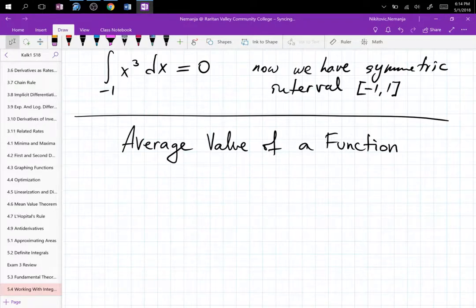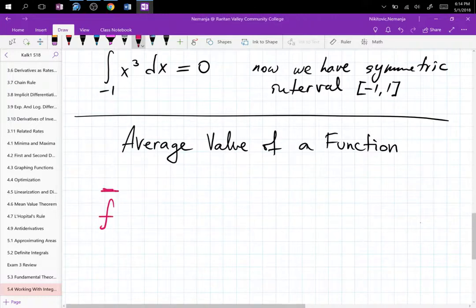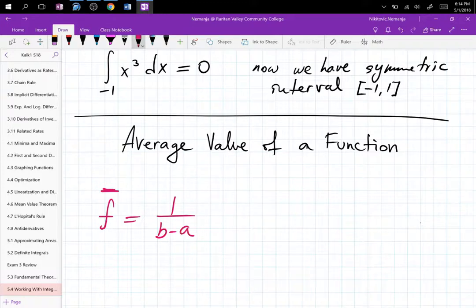The average value of the function is denoted by f with a bar on top, and it's going to be 1 over b minus a times the integral from a to b of f of x dx.